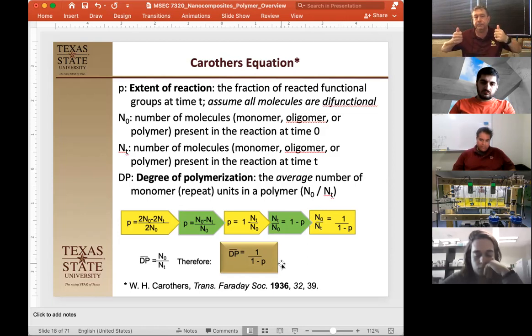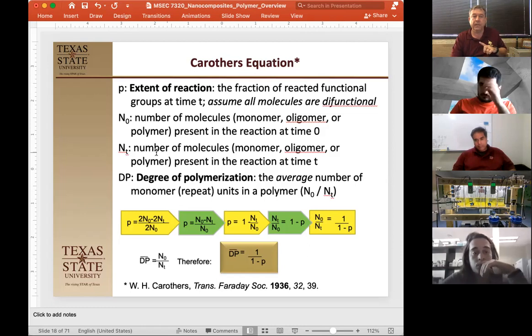Question on that? So this number should always be greater than that number, because the number of molecules gets smaller and smaller as the size of the molecule gets bigger and bigger.